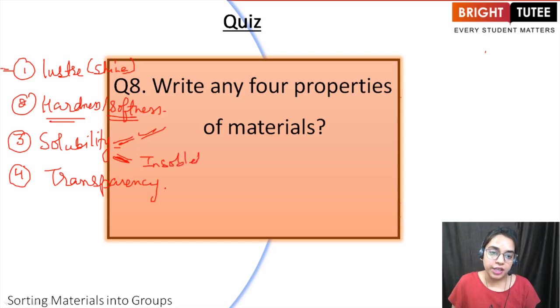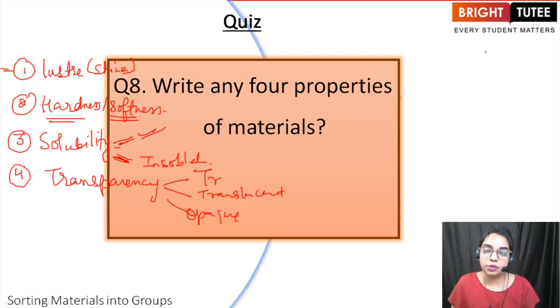Then in transparency you need to know the 3 terms: transparent, translucent, and opaque. Transparent objects are the ones through which we can see clearly, translucent through which we can see partially, and opaque objects are the ones through which we cannot see.